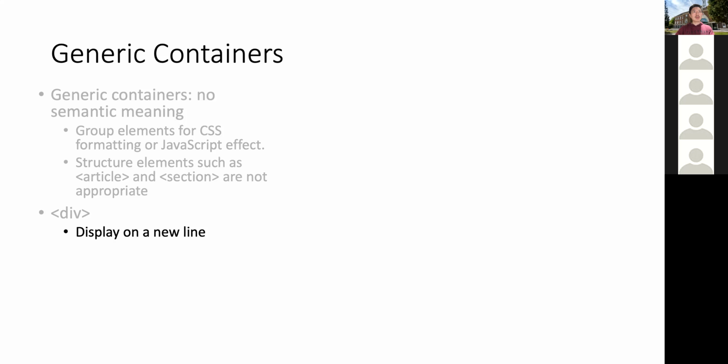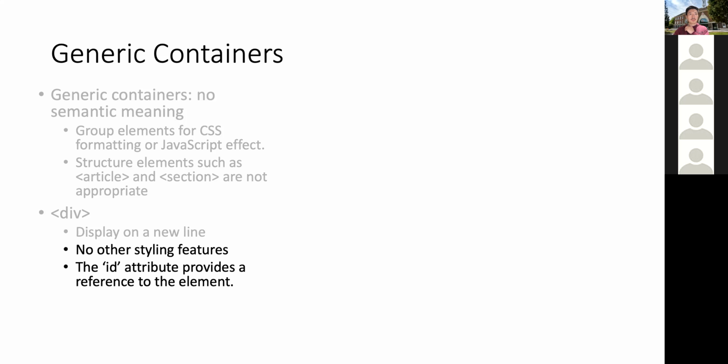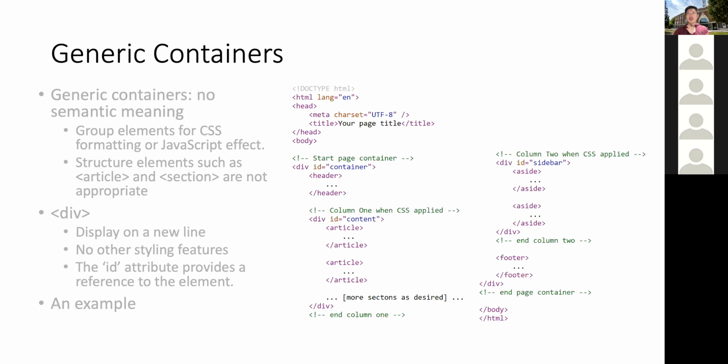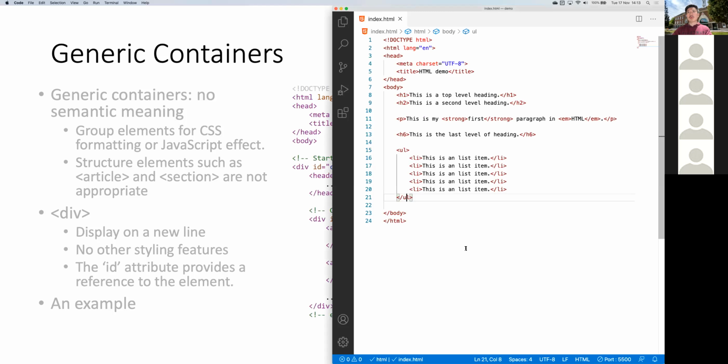So the one we're going to introduce is called a div. I think it stands for division or something similar. If you just have a div, it doesn't do anything. All it does is group the things inside the div together. For example, let's go back to our example here.